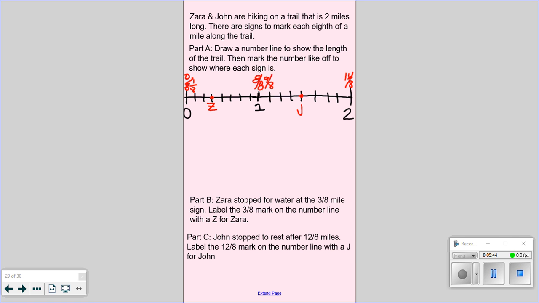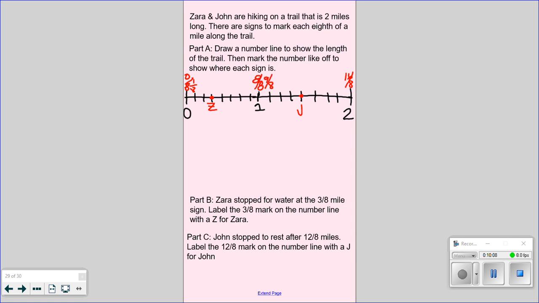Before we go on, what do you notice? What are some things that you just noticed now by looking at what's happened so far? Bailey, what do you notice? Yeah, John went a really long way. He's almost to the end of that 2-mile trek.